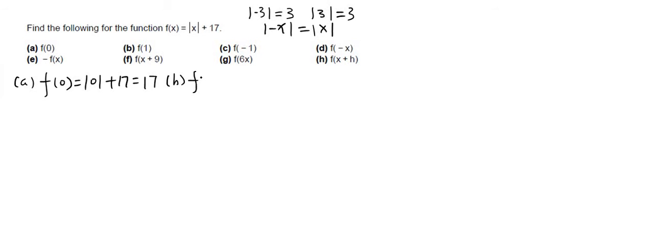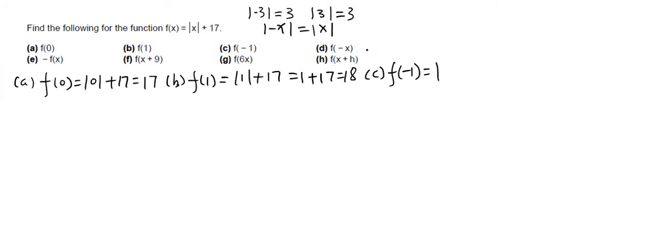And B, how about f(1)? We're gonna replace the x by 1. Because here 1 is positive already, it equals 1 plus 17, that is 18. C, how about f(-1)?